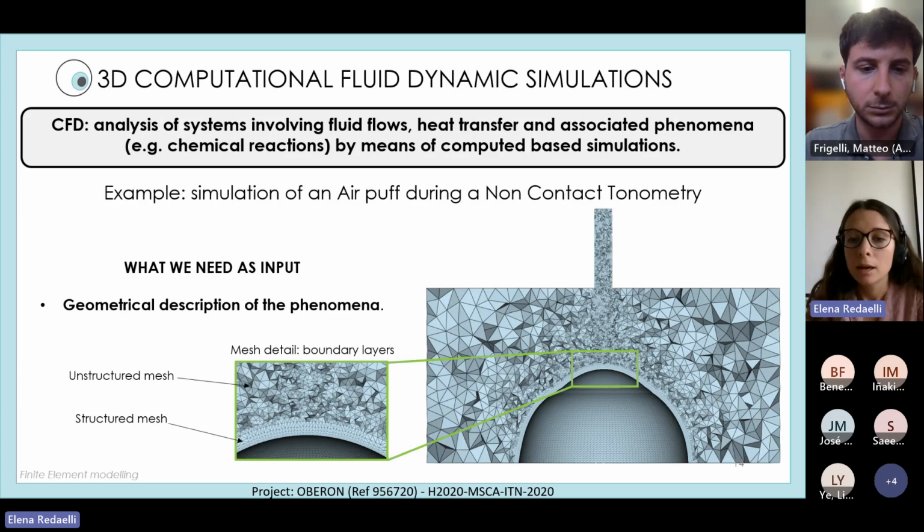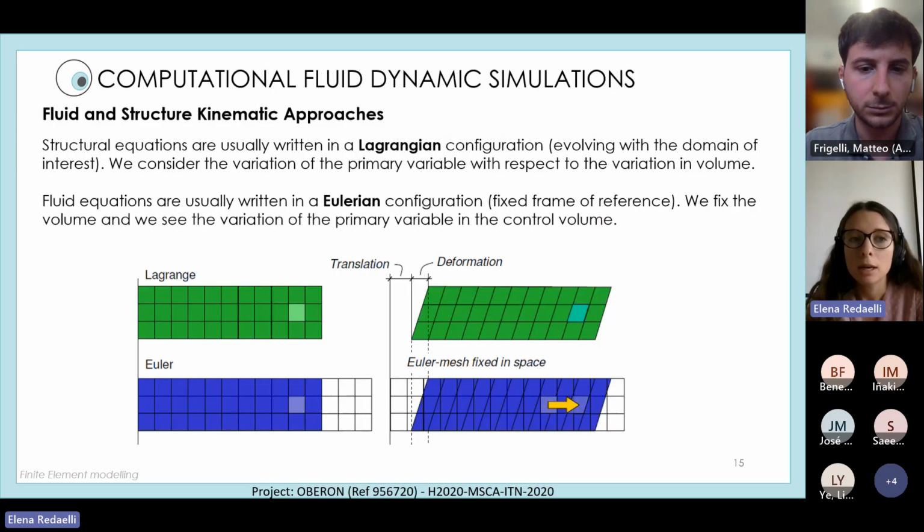In particular, we are talking about the finite volume, not finite element as before, because in the structural solvers, the structural equations are written in a Lagrangian configuration. That means that the primary variable in the structural simulation, the displacement, varies with respect to the variation of the mesh.